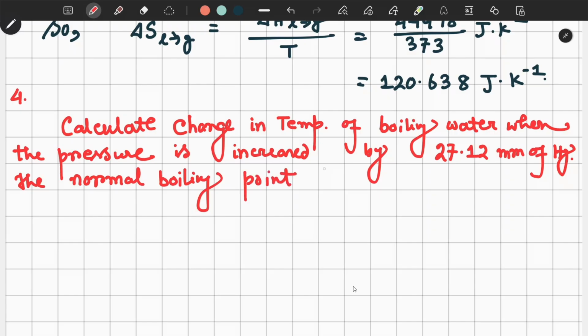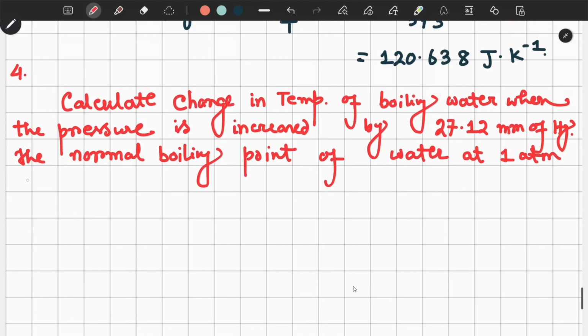The normal boiling point of water at 1 atm is, you know, and another two data are given.